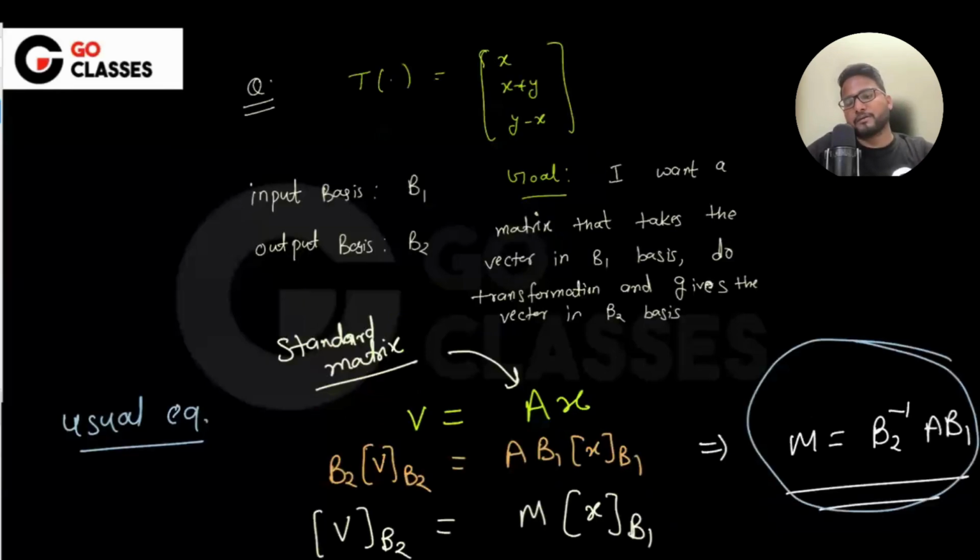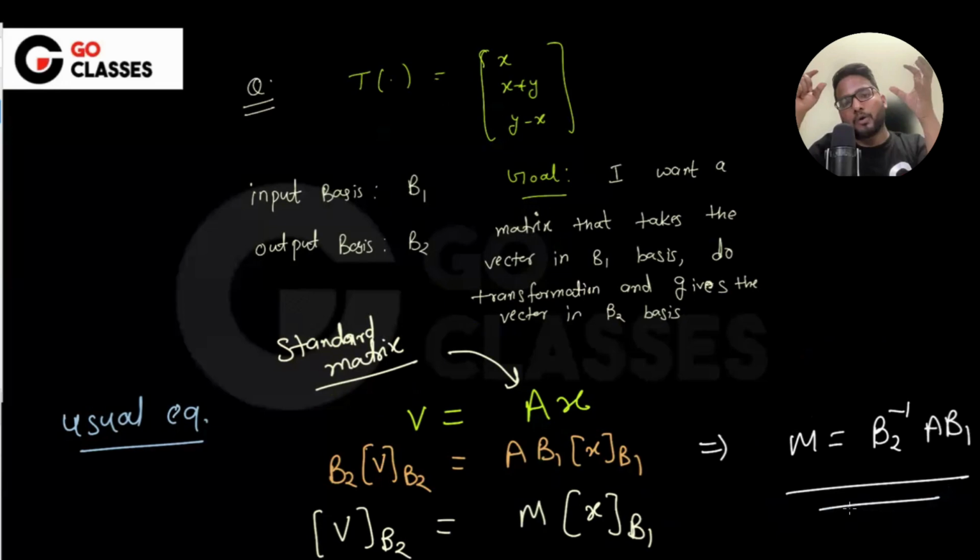Is this calculation fine? What I'm trying to say is that now you have a matrix which does certain things: it takes the vector in B1, transforms it, and gives the vector in B2.